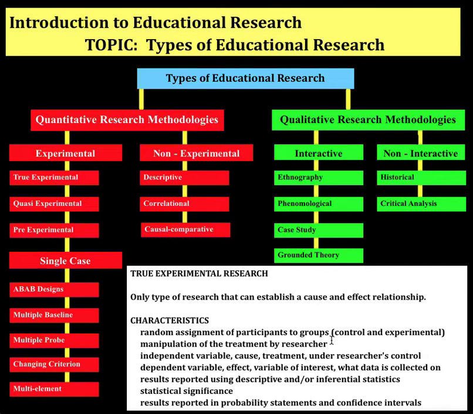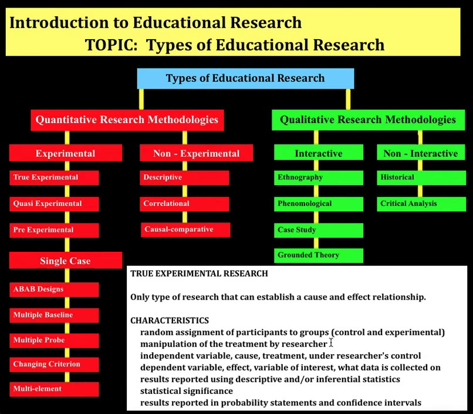You'll get plenty of instruction on independent variables and dependent variables and manipulations and all kinds of things like that. But for now, the two major distinguishing characteristics of true experimental research are random assignment to groups and the researcher being able to determine which group gets the treatment and which group does not.